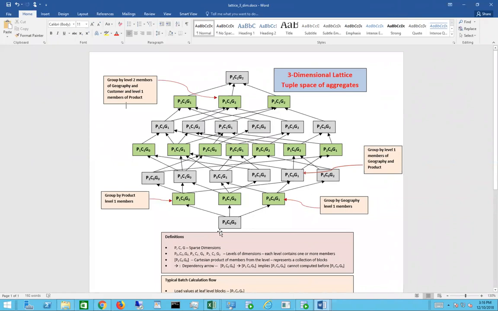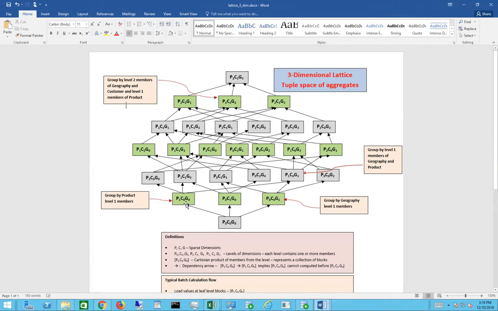What I'm drawing here is, let's assume there are product, customer, and geography dimensions. Here they have three levels: level 0 of product, 1 of product, and 2 of product. Similarly, customer has 3 levels, and so on. This node shows the Cartesian product of all the members of level 0 of product, level 0 of customer, and level 0 of geography, all of those points.